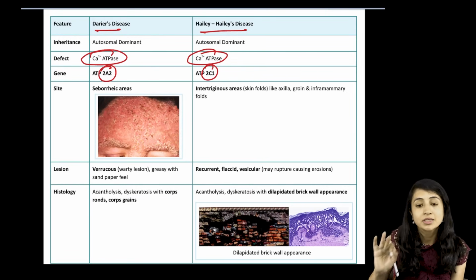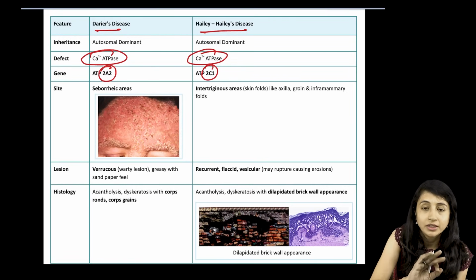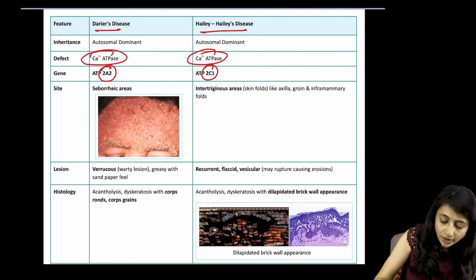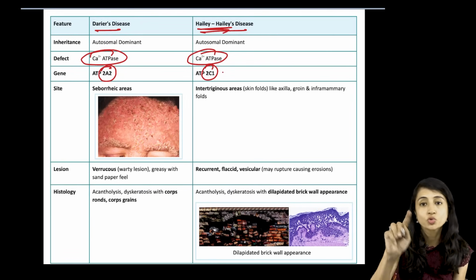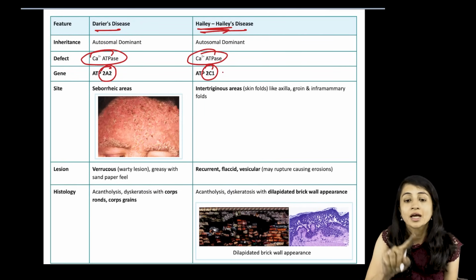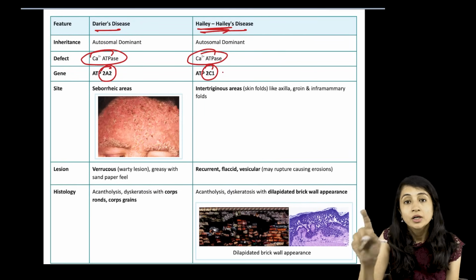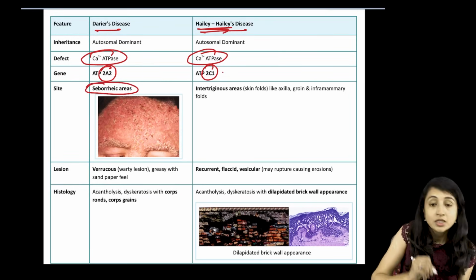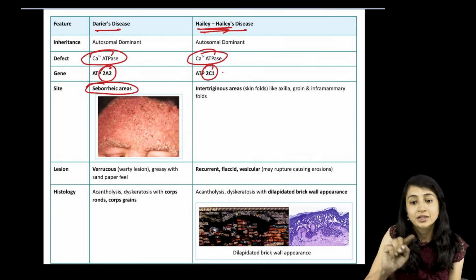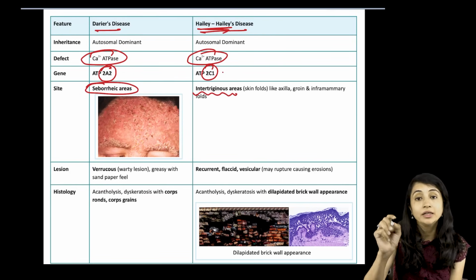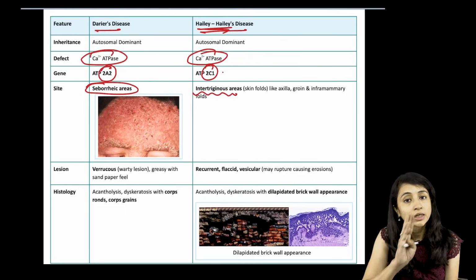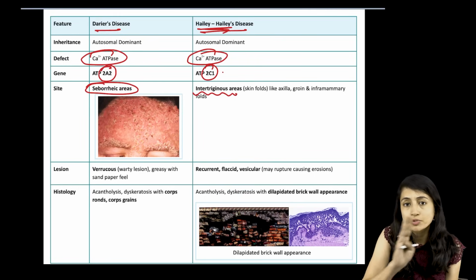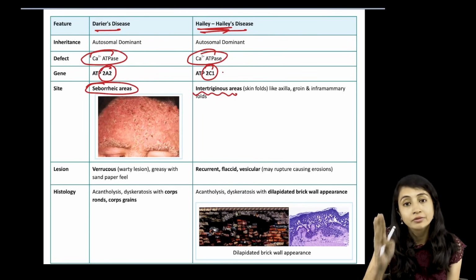So, just remember C is not there with D. Hailey-Hailey has 2C1 and Darier's has 2A2. Now, the clinical features differ: in Darier's disease, seborrheic areas are typically affected, whereas in Hailey-Hailey the intertriginous skin is affected. Clinically, both these conditions are absolutely different, but their defect is the same.